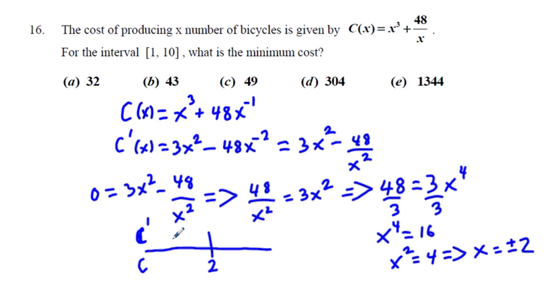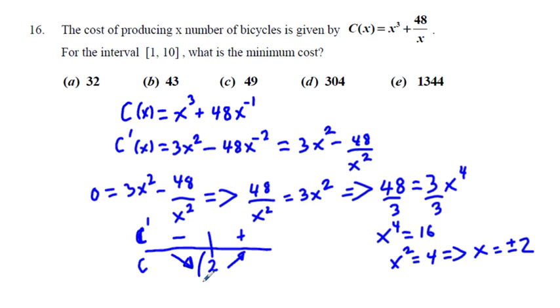Well, that's going to be negative, right? So we're decreasing. If we pick a number bigger than 2, what would be a number that would work well? 6, right? Well, 6 squared is 36. 3 times 36 would be 108 minus 48 over 6 squared. That's definitely going to be positive.